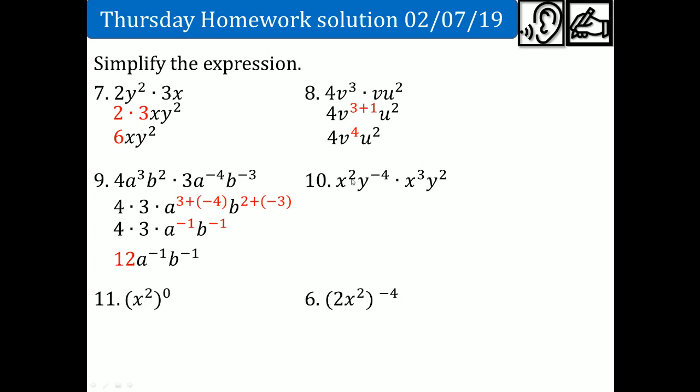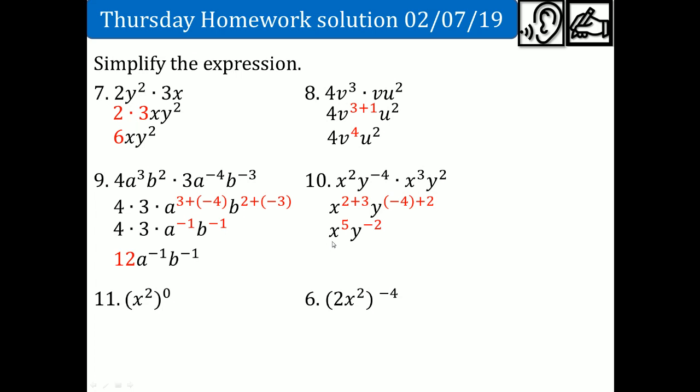10. X squared, y to the negative 4, times x cubed, y squared. Alright, x and x are here. What happens to the exponent? You add: x to the 2 plus 3. Then you have y. The exponent here is negative 4. Add it to the 2. Again, when you multiply, the exponents add if they have the same base.